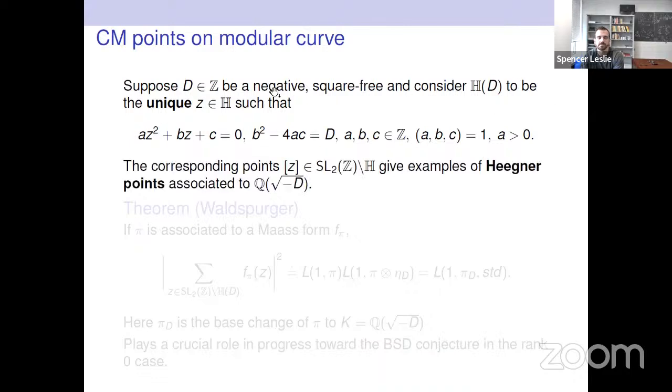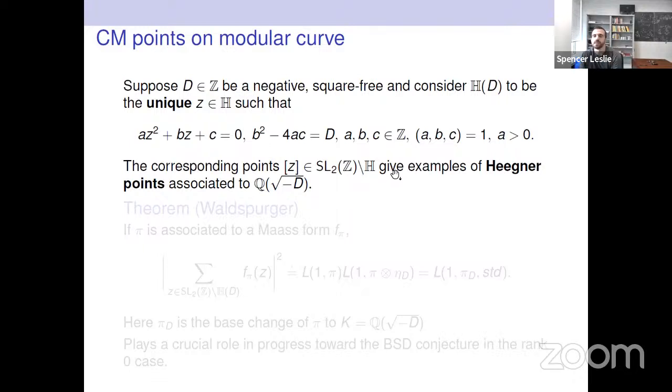Sorry, this entire line is riddled with typos. So these give us these arithmetically interesting points in the upper half plane, and the corresponding points in the modular curve, the quotient by SL2Z, are examples of Heegner points associated to imaginary quadratic extensions. Here, this minus sign should not be here.